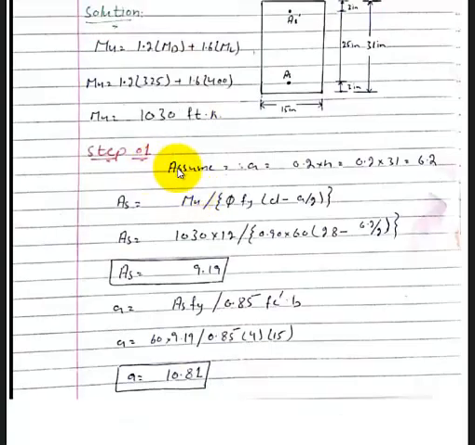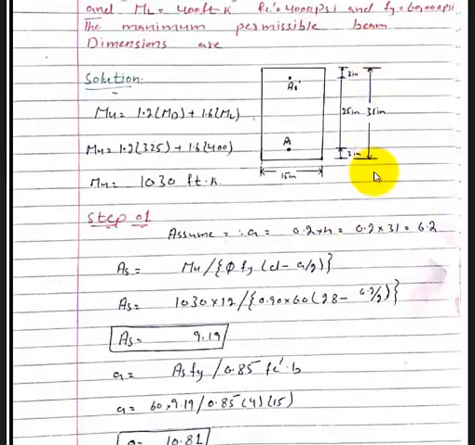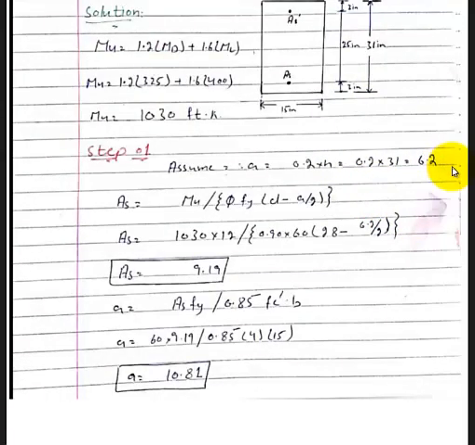Now solution, step number 1, starting design. Assume a is 0.2 multiplied by h. h is 31 inches, so we will get 6.2. The area of steel formula is Mu divided by phi Fy into (d minus a by 2).